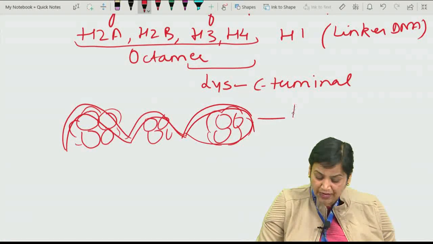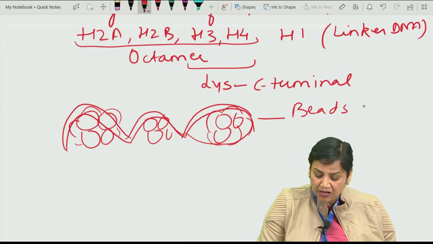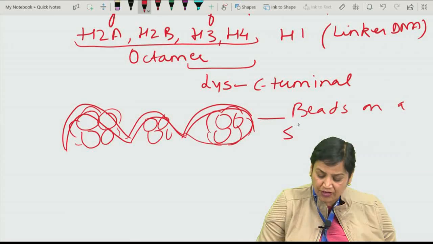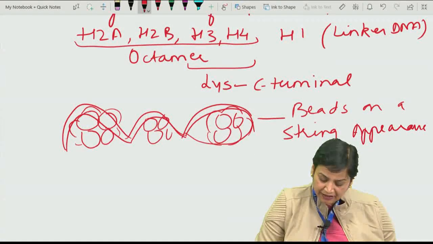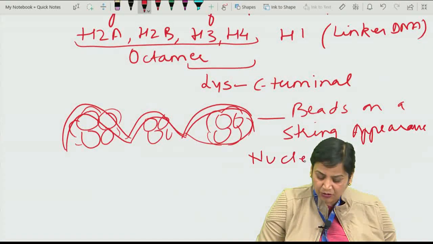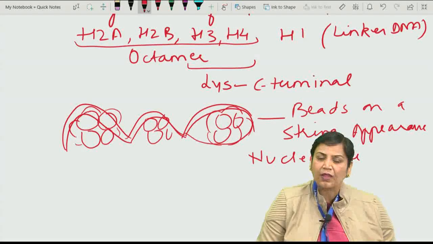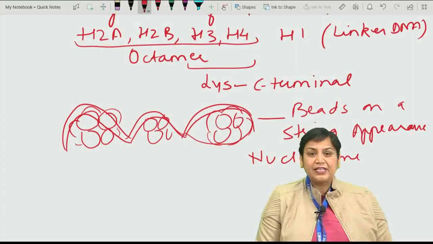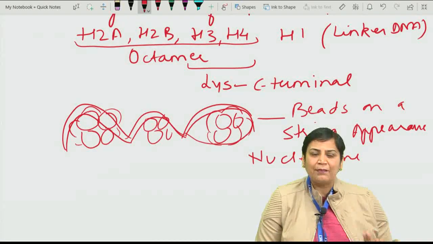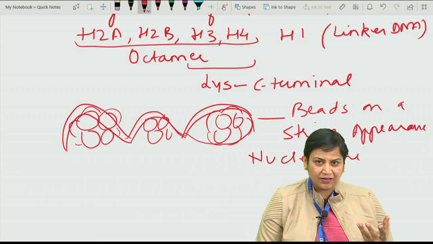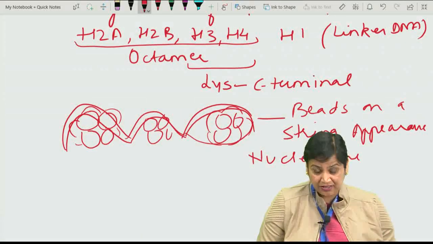This is known as beads on a string appearance, and it is also known as a nucleosome. So this is basically a post-translational modification. Once the entire protein is there, what happens during the expression of certain genes?